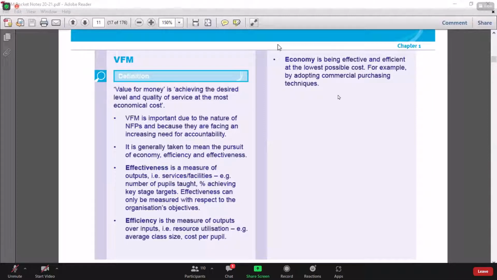When it comes to an educational institution, you can see the resource utilization, average class size, cost per pupil, all these things. As I mentioned, the main objective of the school is to provide free education to the 100 students. Let us assume the school management allocated a separate class, and in that particular class all the 100 students were given training.